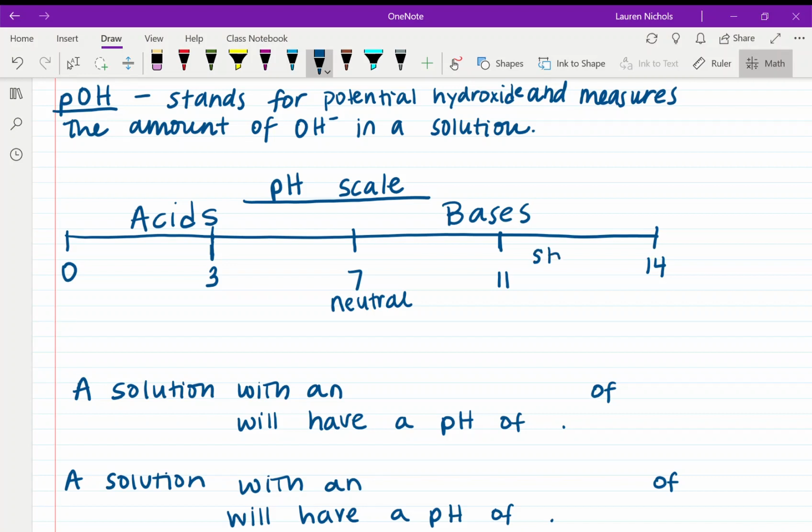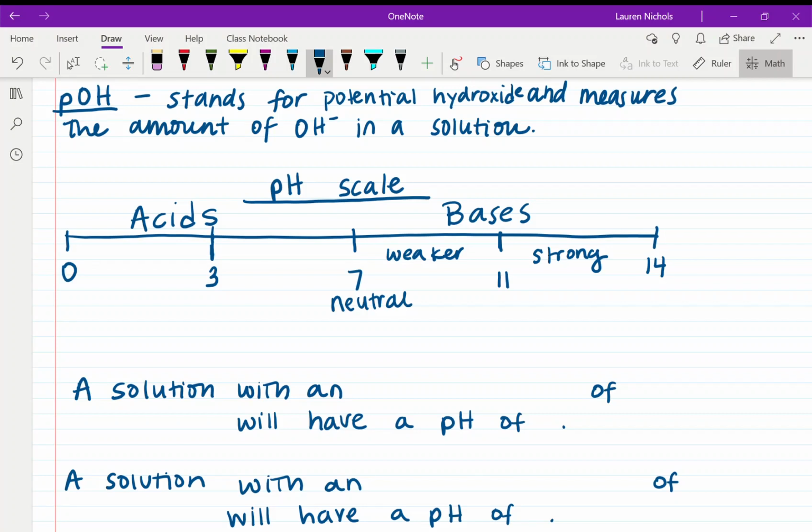So if you have something that's a pH between 11 and 14, so say 12, 13, something like that, that would be considered a pretty strong base. But if you have something between 7 and 11, so pH of 8, 9, 10, those would be considered weaker bases or weaker solutions. They just might not be as heavily concentrated. But with acids, the opposite is also true.